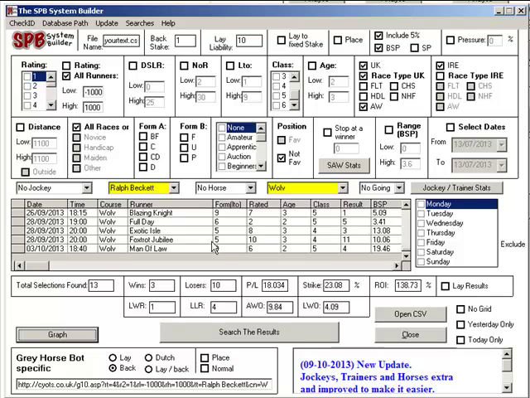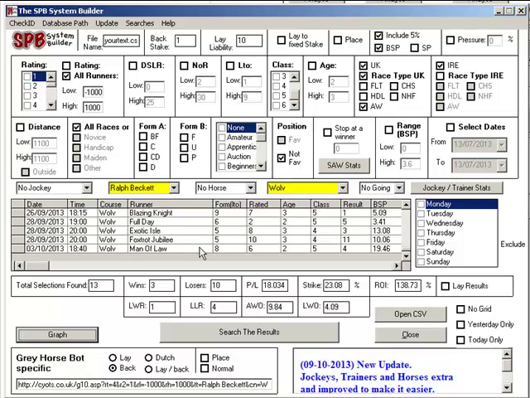So we've come across Jim Crowley, Ryan Moore, I think we looked at Richard Hughes, and now we've looked at Ralph Beckett, all producing profit on AW. So if you build up an alert section like that, where there are certain trainers or certain jockeys you look out for on AW, and maybe even certain courses, it's far easier to follow than it is to just have loads of races.